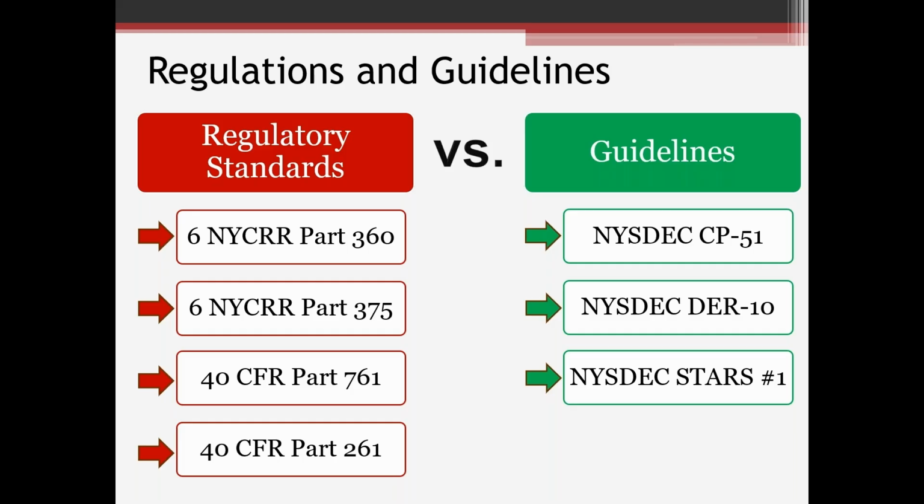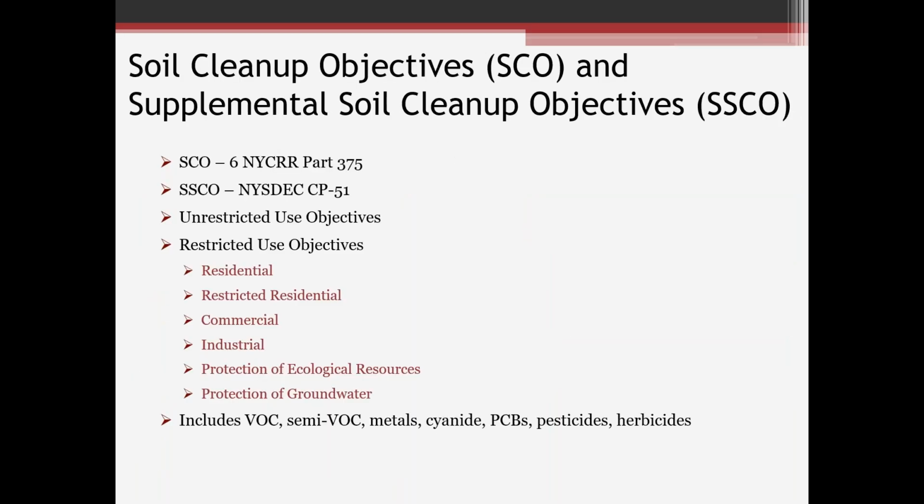So they're not specifically regulations that need compliance, but usually they are written in a form that you're going to follow, and that'll get you to compliance and a good end result with your sample analysis. So, Commissioner Policy 51, CP-51, Division of Environmental Remediation DER-10, and STARS 1. These are different documents that help guide those sample analysis programs.